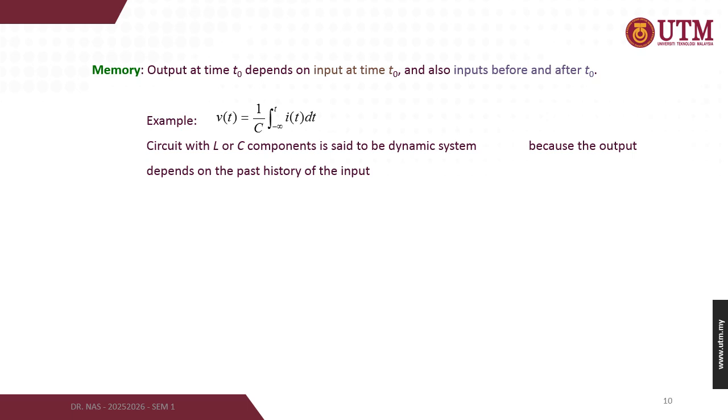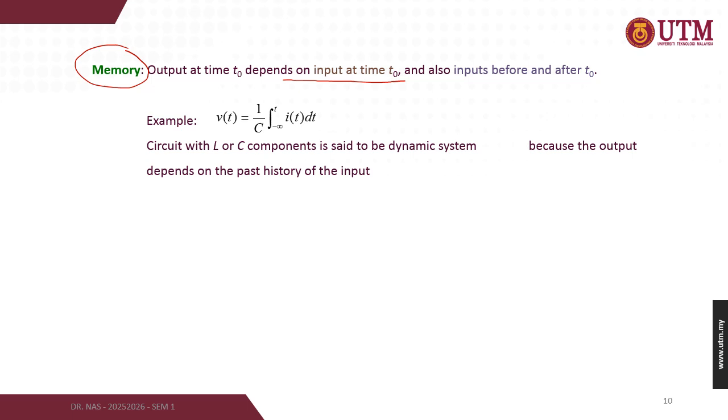Okay, on the other hand, a memory system is a system that depends on other inputs, for example, the future or the past input.